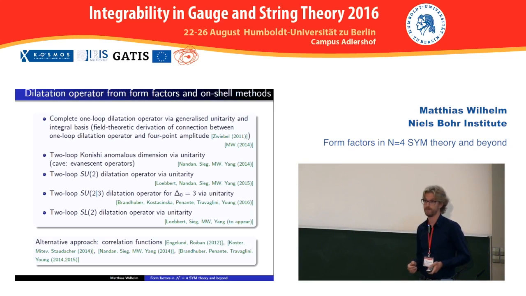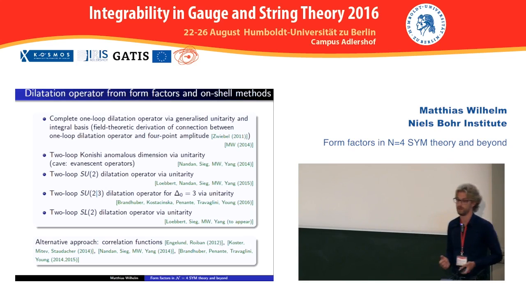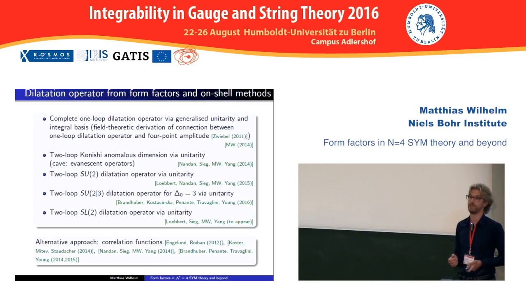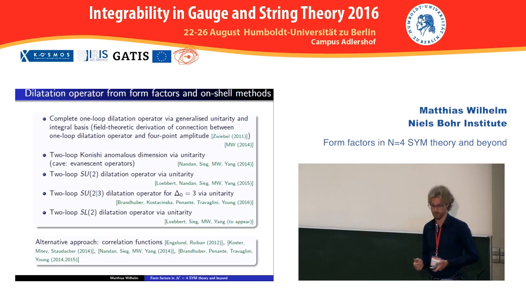In particular, this derivation also constitutes a field theoretic derivation of a connection between the one-loop dilatation operator and the 4-point amplitude, which was previously derived by Benjamin Zwiebel using symmetries, and which originally goes back to Niklas Beisert.